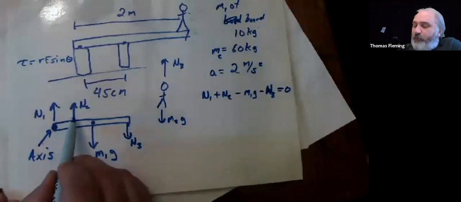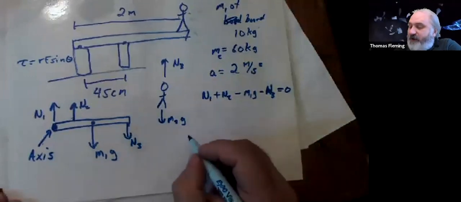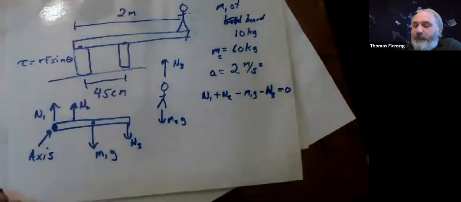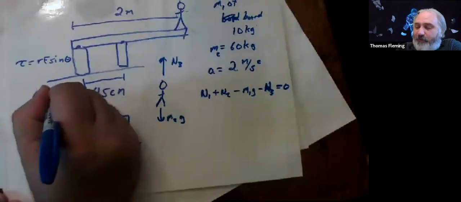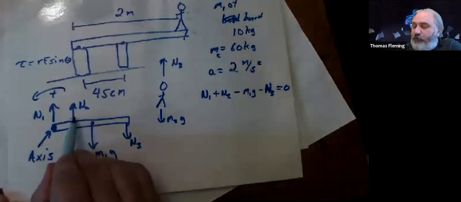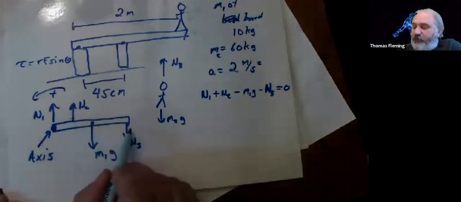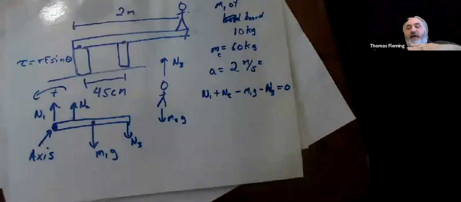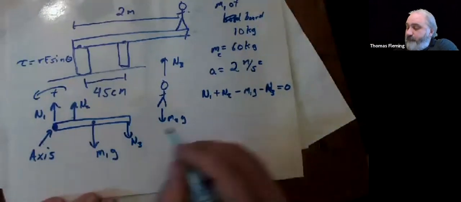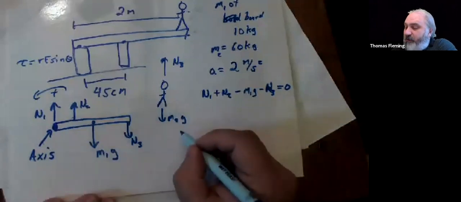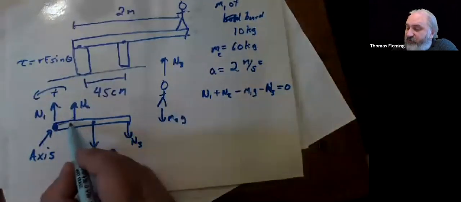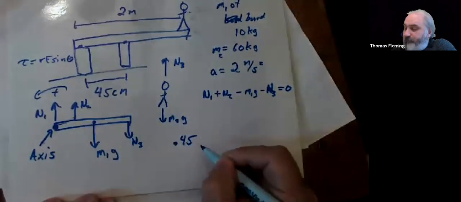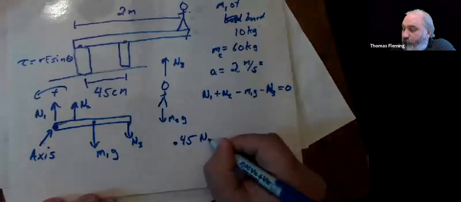Now, when I do N2, the torque from it makes this thing want to rotate counterclockwise. And I'm going to choose counterclockwise to be my positive direction. So N2 is going to be a positive torque. These other 2 guys are going to be negative torques because they want to make the diving board spin in opposite directions. So for N2, it'll be R, which is this distance here, 45 centimeters. So 0.45 meters times N2.